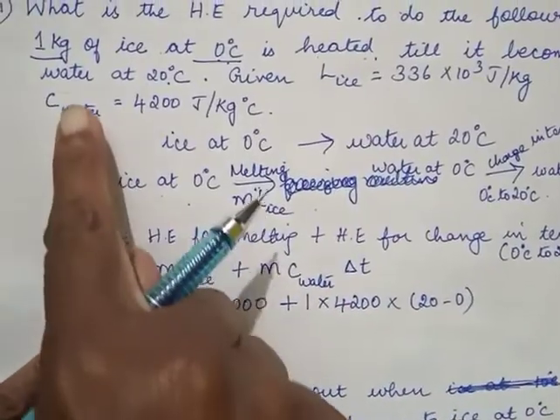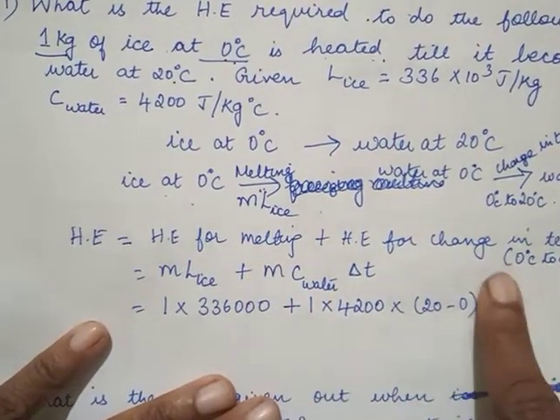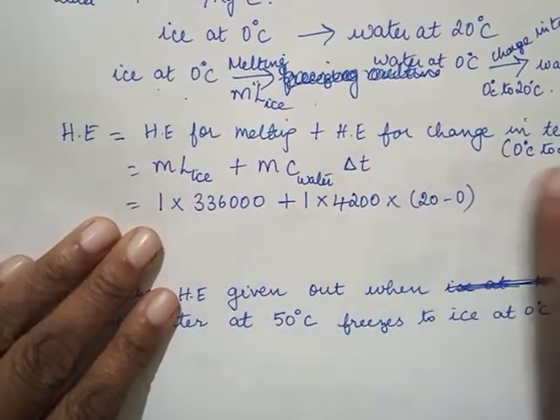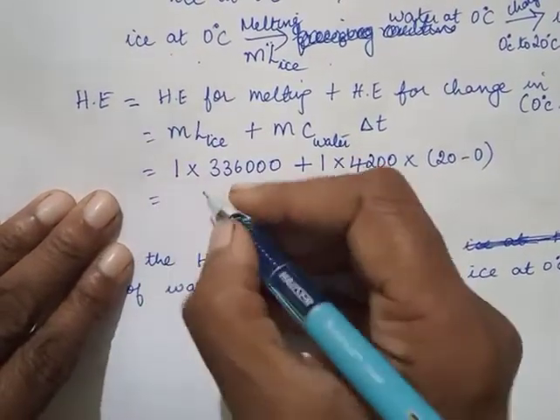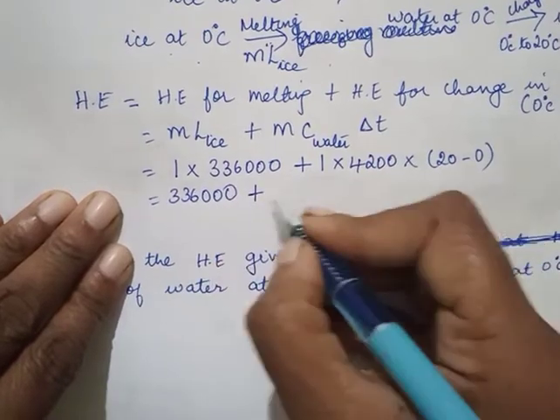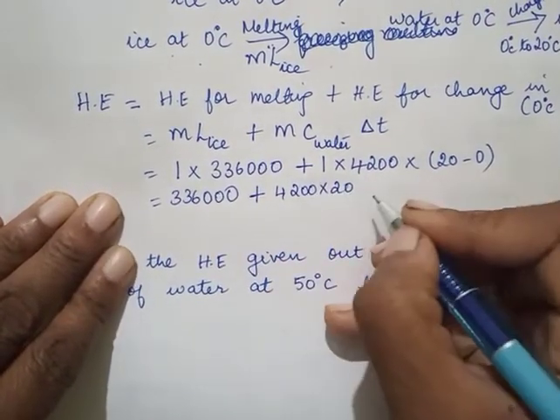Did you understand, children? So for this to happen, two processes should happen. First is melting, then change in temperature. So heat energy for melting, M into L of ice. Heat energy for change in temperature, M into C of water into del T. So this will be 336000 plus 4200 into 20.